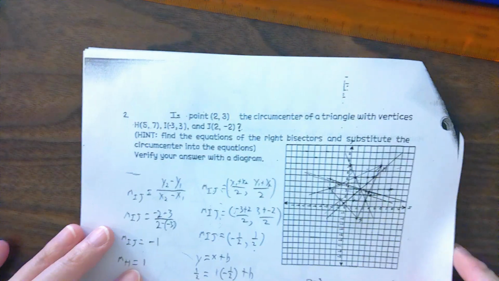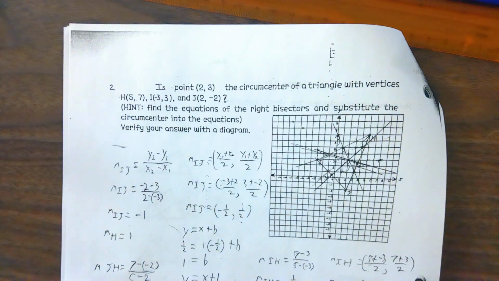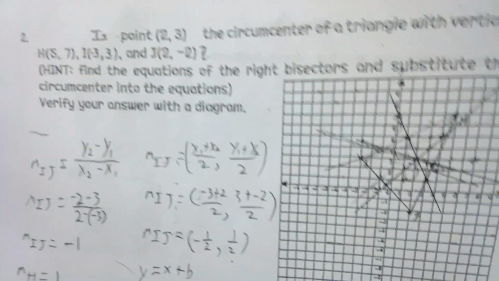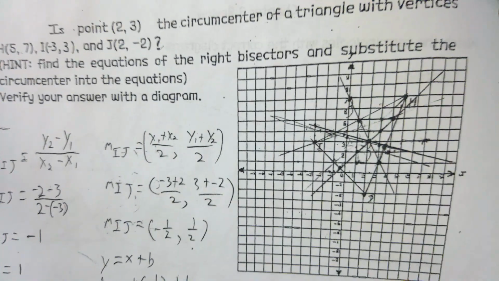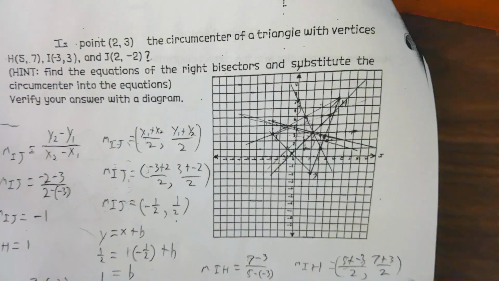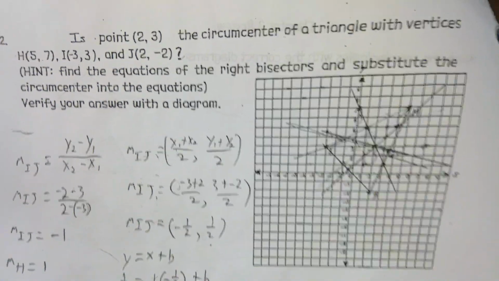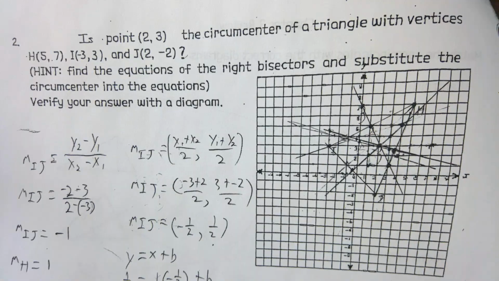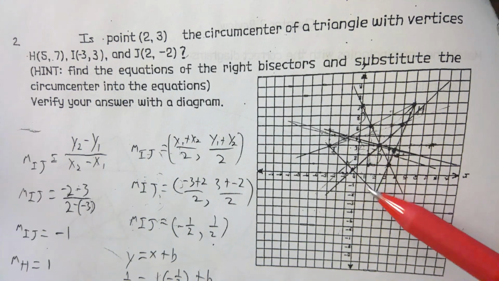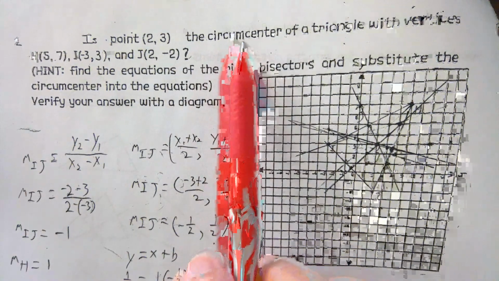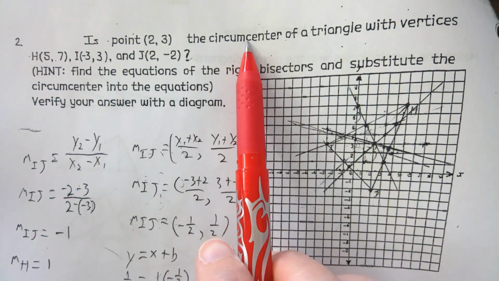Number 2. Quite a few steps in this one. You are trying to verify that the point 2, 3 is the circumcenter of the triangle with vertices H, I, and J. So first thing is you want to draw your triangle, and this is why you need to know what these terms mean.